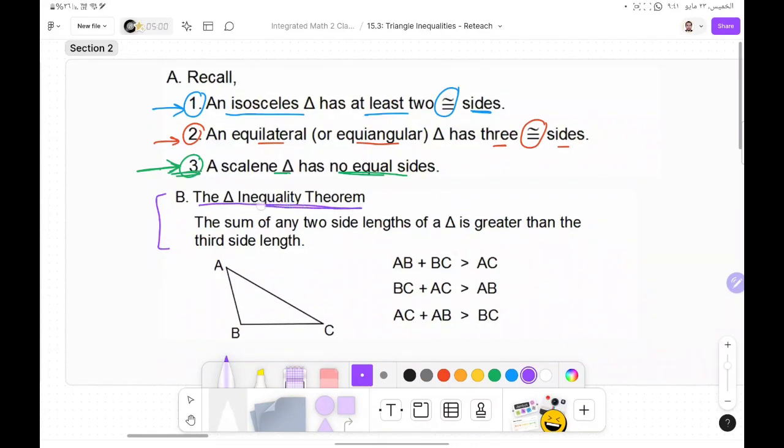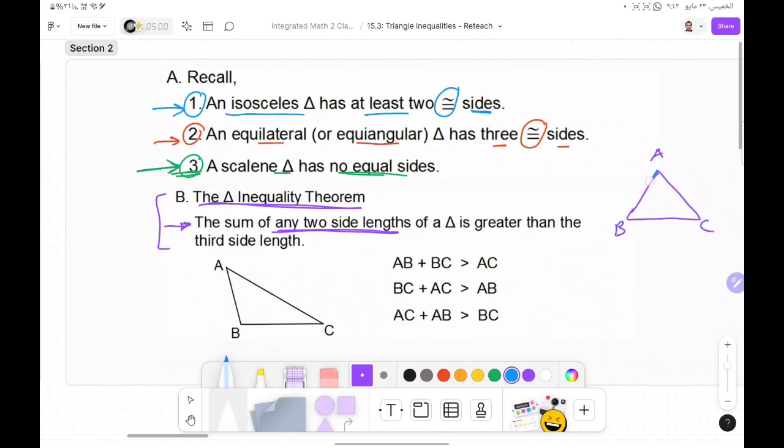triangle inequality theorem. Let's read this sentence, and while you read, try to process and understand what you're reading. Don't just read. The summation of any two sides length, any two sides. So let's say we have a triangle A, B, C, and it's saying any two sides.